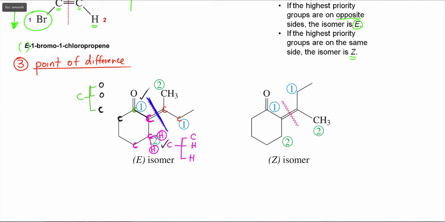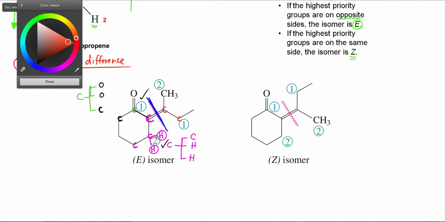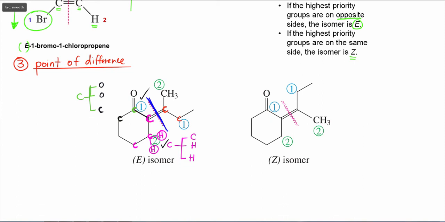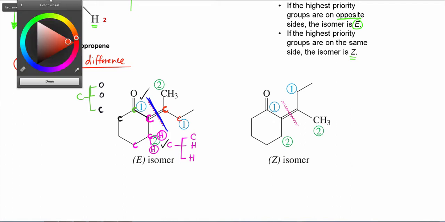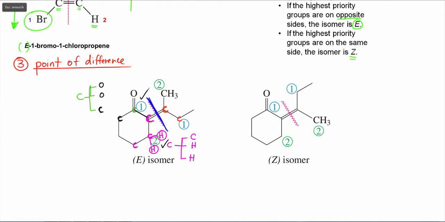Okay. Now, on the other side of the double bond here in red, I need to prioritize what's coming off of this. What's coming off of that sp2 carbon is going to be these two carbons in green. For this carbon, what's attached?